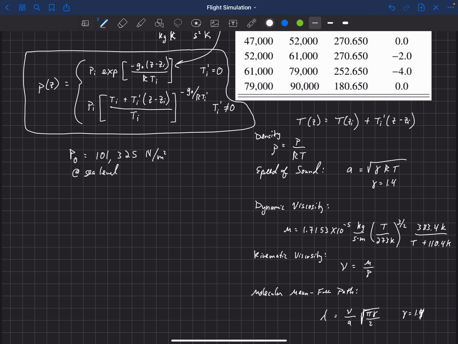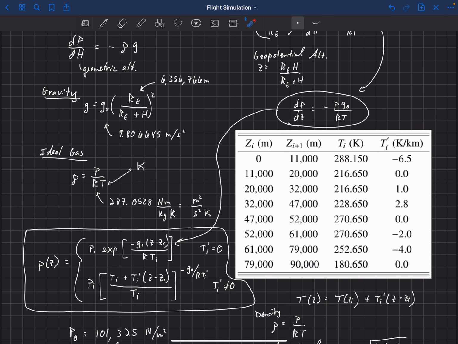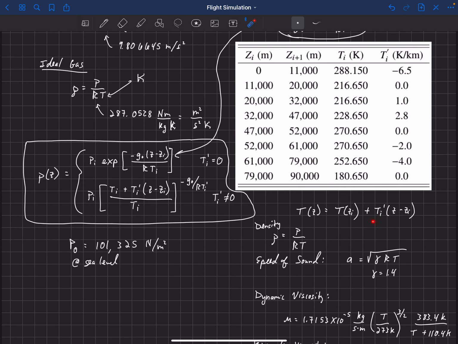Okay, so this basically defines now our standard atmosphere at any altitude. I'll just briefly summarize. At any geometric altitude, we plug it into this equation here to get the geopotential altitude. Then that is used inside of this equation to get the temperature, and inside of this equation to get the pressure.